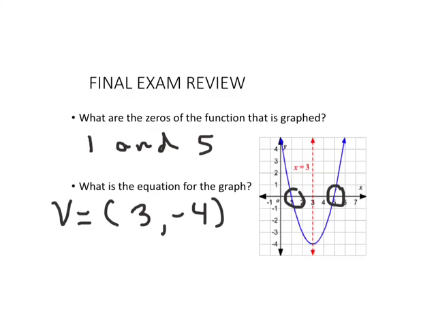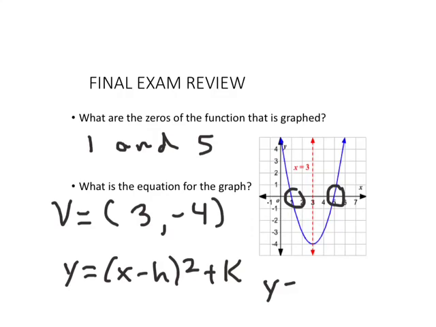Now, if you remember parabolas, we had vertex form, which was y equals x minus h squared plus k, where h, k was your vertex. So in this case, to write our equation, we'd have y equals x minus 3 squared minus 4. That would be the correct equation for the graph above.